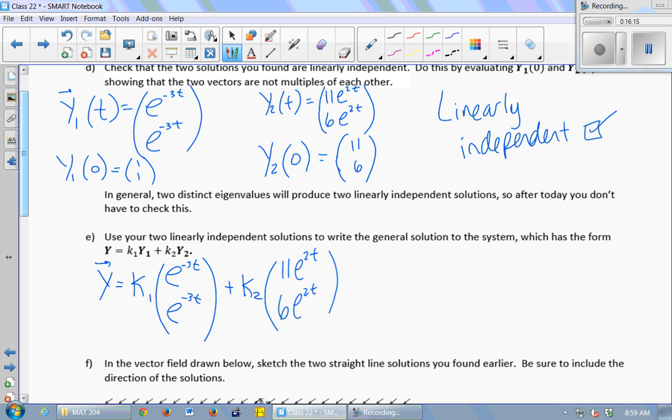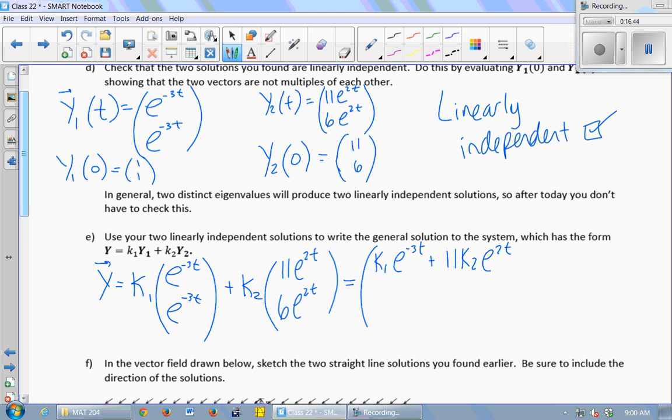Again, for some people, it might be more comfortable to distribute the k1 and the k2, and then add the two together. Distribute the constants and add the vectors component-wise. So my final vector would be k1 e^(-3t) plus 11k2 e^(2t).